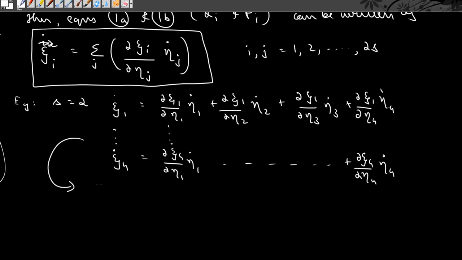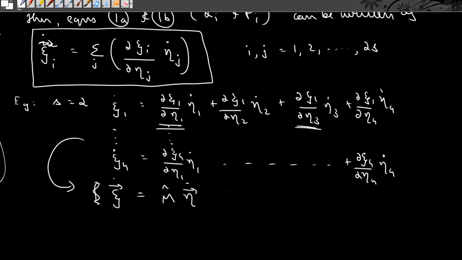So this can be written as the vector psi dot equal to the matrix, which I'm going to call m hat, which consists of elements of this form, times eta dot.